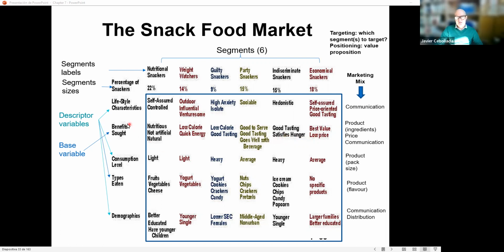But in order to identify consumers seeking these benefits, companies might use what we call descriptor variables that are easier to identify. Because the benefits sought are difficult to identify in a consumer unless we ask the consumer specifically about this. But for example, demographics is easier to identify, or even lifestyle characteristics. And okay, for each of these variables, different marketing mix variables also might be used.